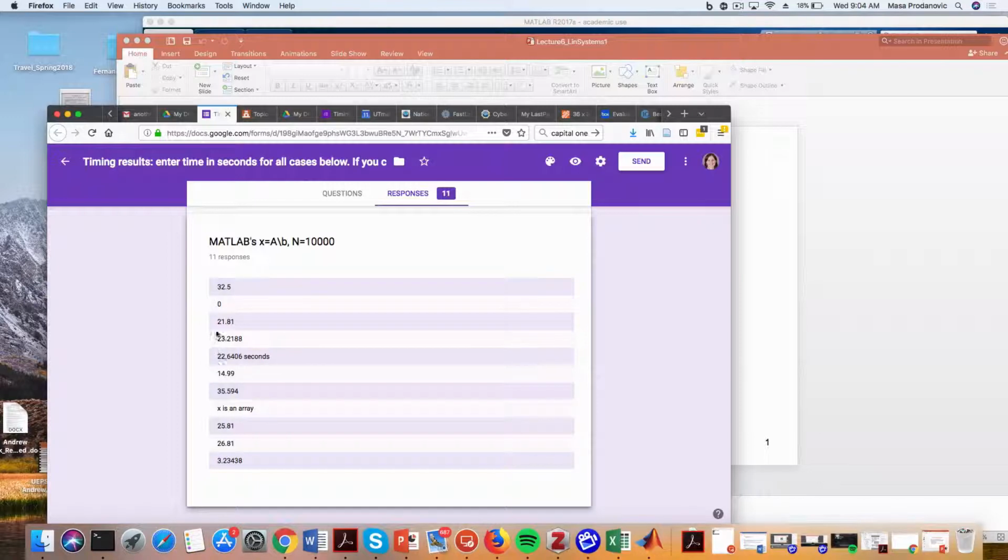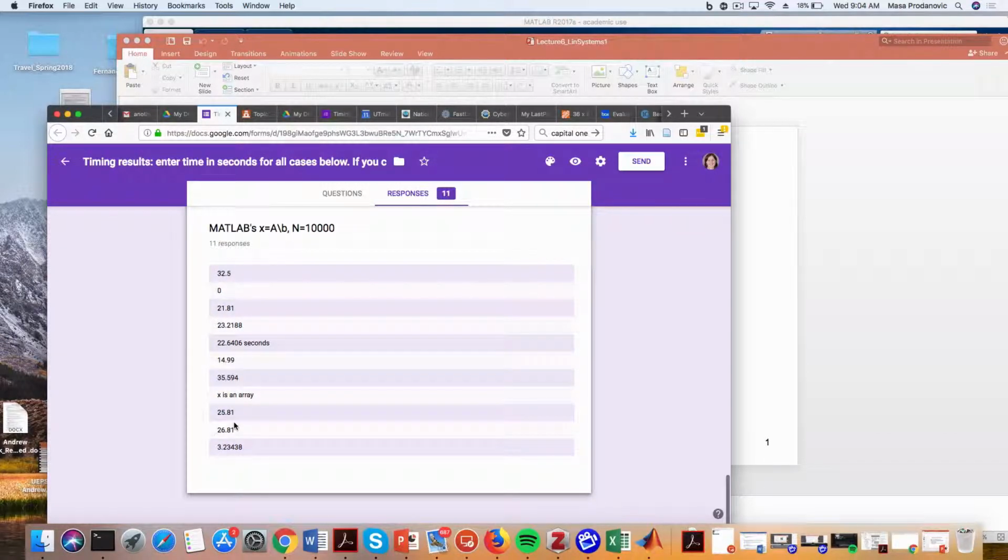So this one didn't go through for some reason. It's on the order of 25 seconds. So we had either not being able to solve it at all, or somewhere between 15 to 20,000 seconds compared to 25.